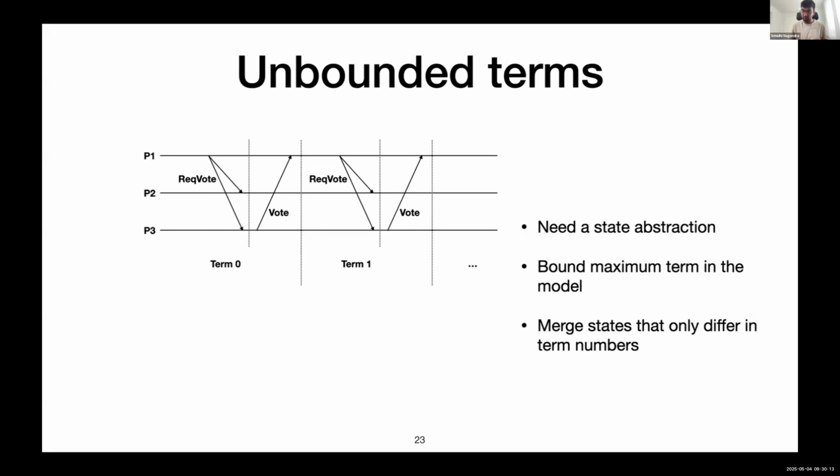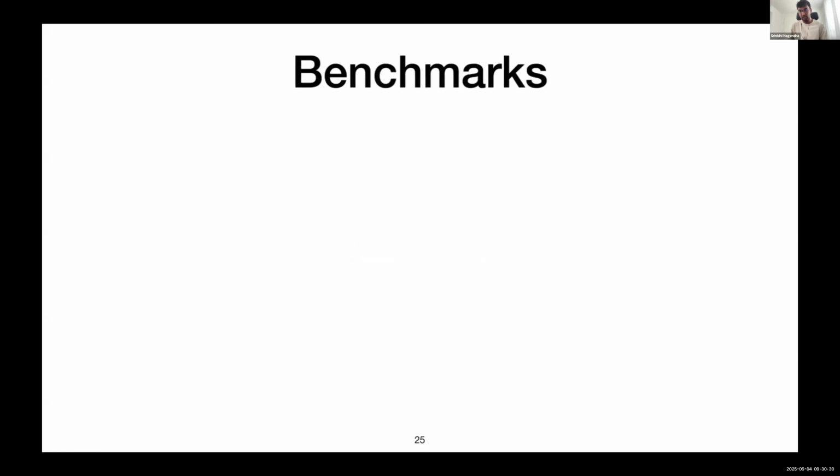So this was another meaningful abstraction that we could do. And this abstraction was implemented inside the model checker, unlike the mapper, which can be external. So we had to go inside the TLA plus model checker to be able to implement this abstraction. And once we did this, we were able to get a good result.